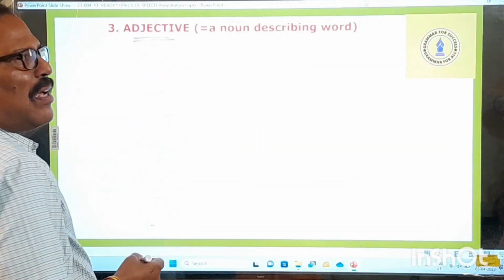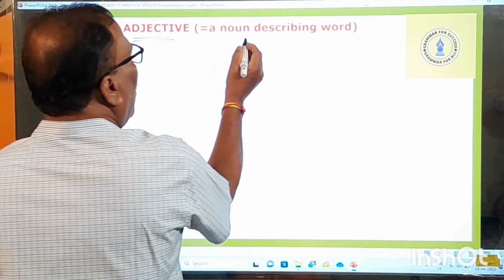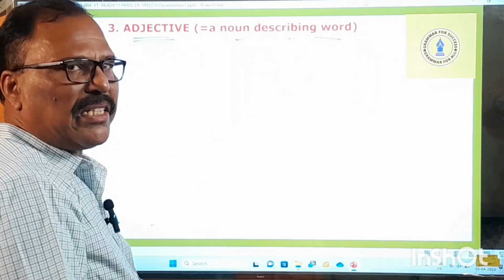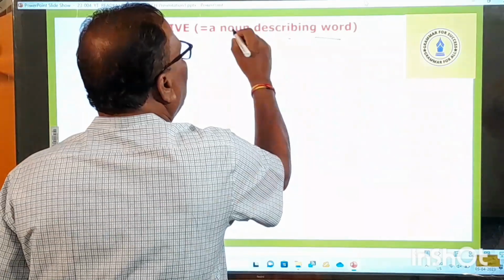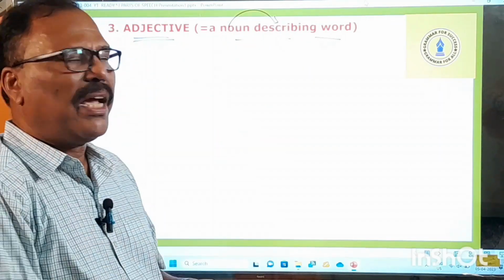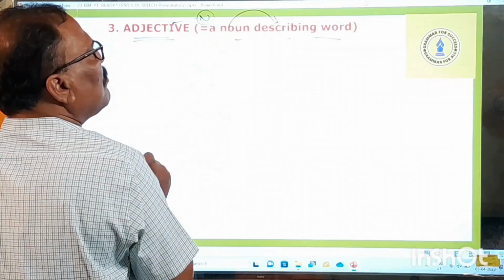Adjective. Adjective is the third part of speech. What is an adjective? Adjective is a noun describing word. In general English, we can say an adjective is a noun describing word. That means an adjective always describes a noun.